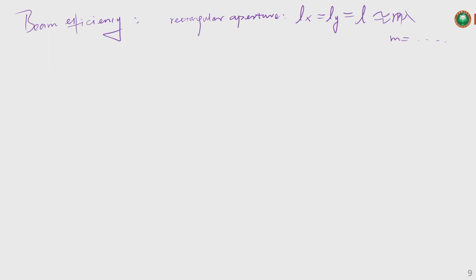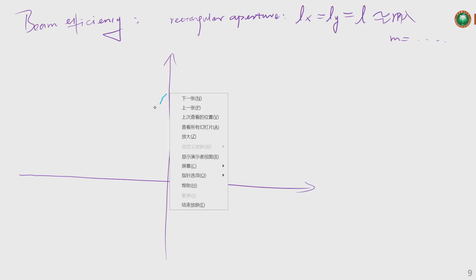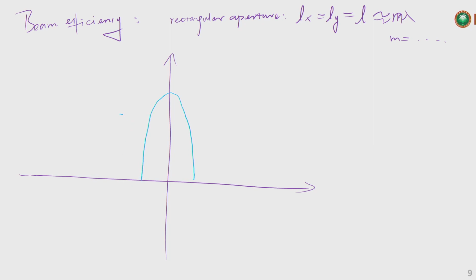Now let's take the plot of that one. For the uniform distribution, the main lobe is very narrow, and it has side lobes, these ones, in the lower part. This is for the uniform.